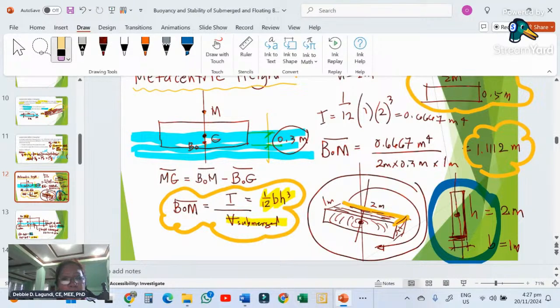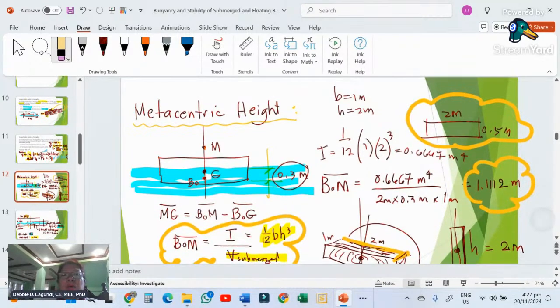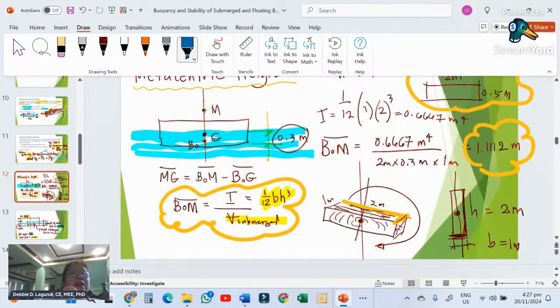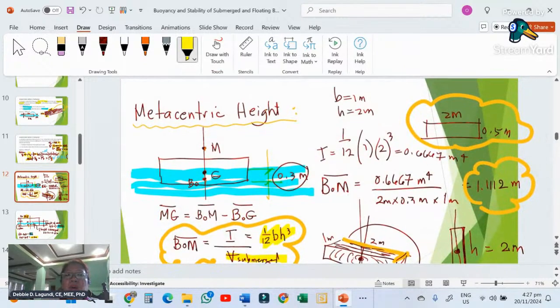This moment of inertia is about the turning of the body on its axis. Why is it on its axis? Because the axis is the vertical one, and it's tilting on that axis. It doesn't rotate on other axes. So 1/12 base times height cubed, where our height is 2 and our base is 1.